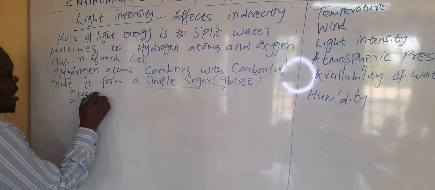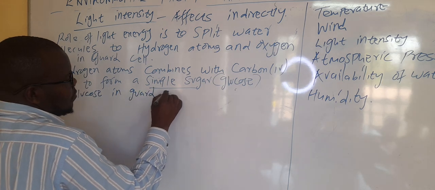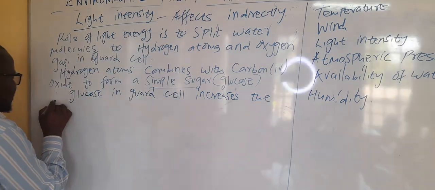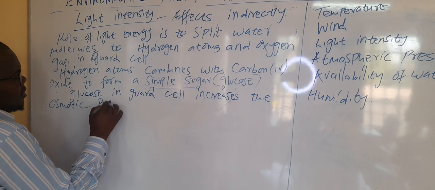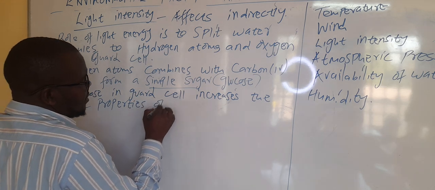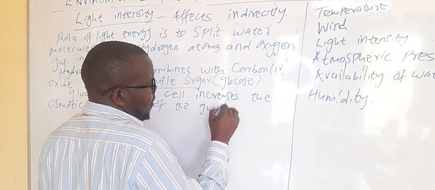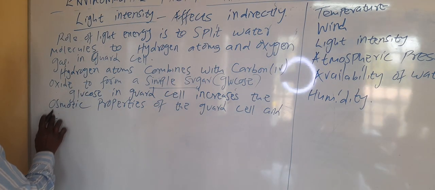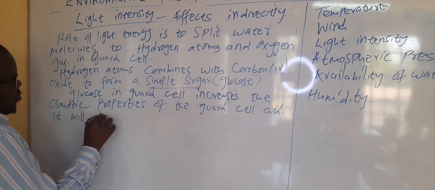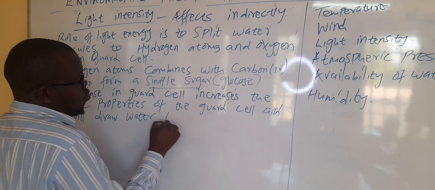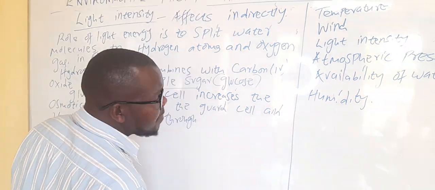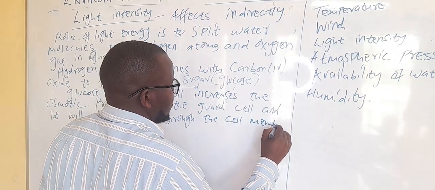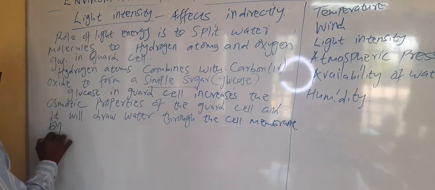So we are speaking about glucose in the guard cell. It increases the osmotic properties of the guard cell, and water is drawn through the semi-permeable cell membrane by osmosis.